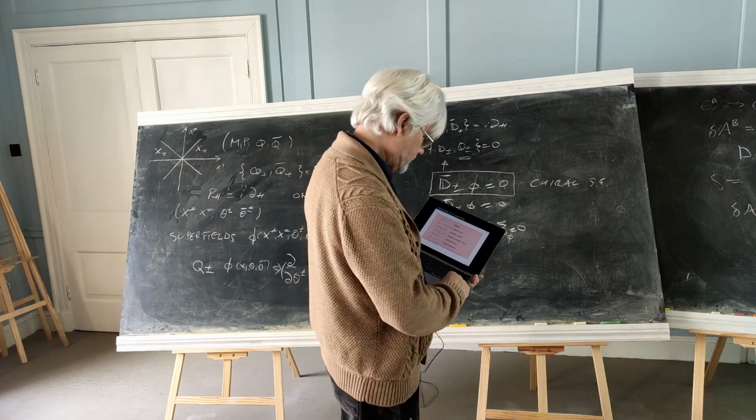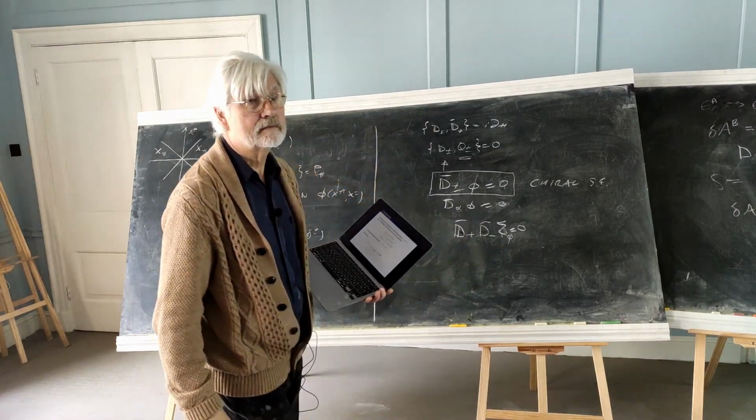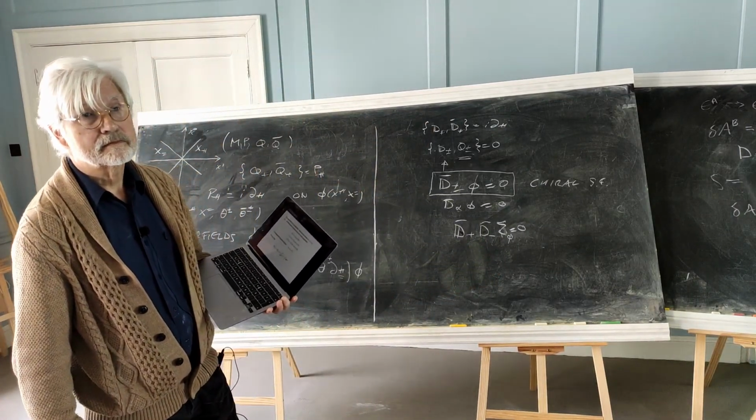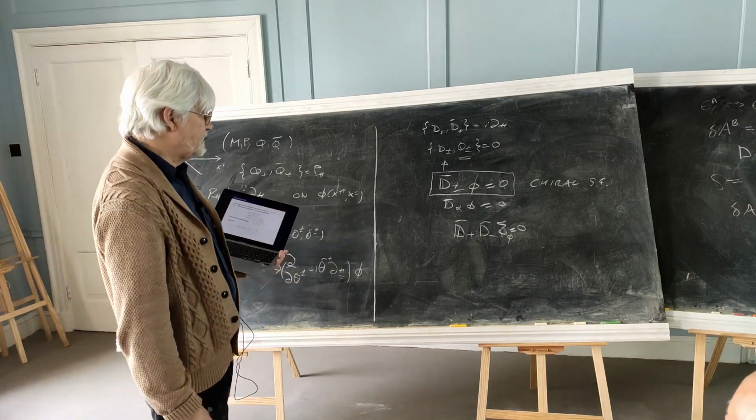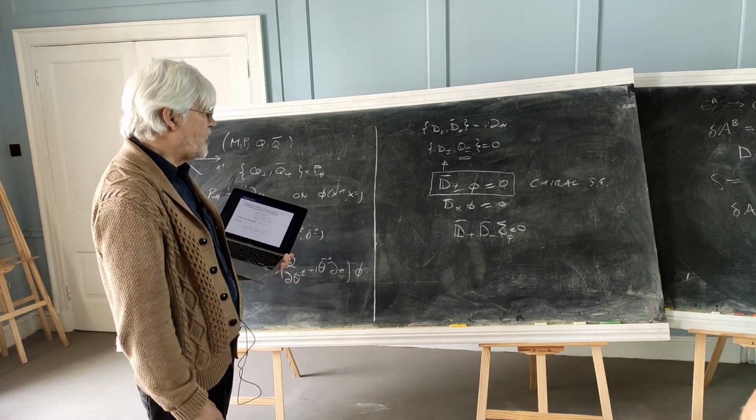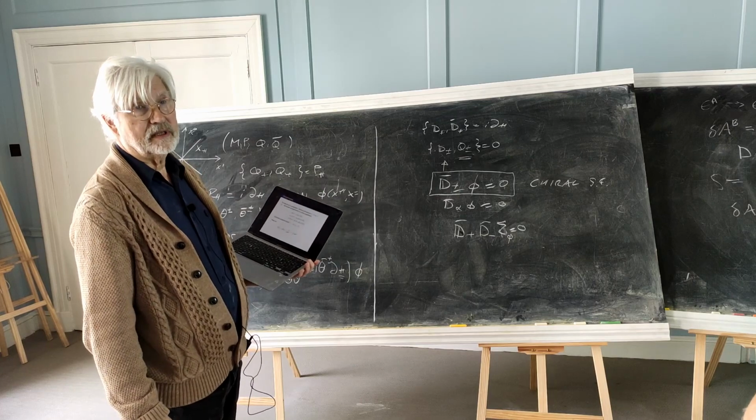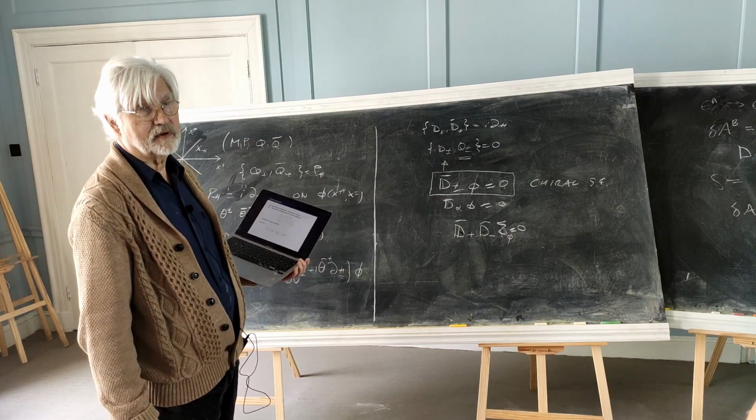So the objects you said are all irreducible, or some of them are still reducible? Well, to write down a sigma model, you need to have some constraint.